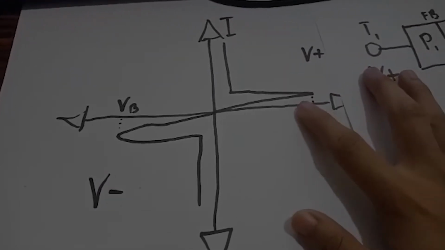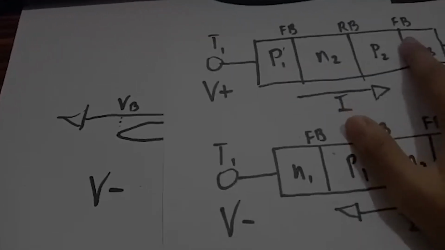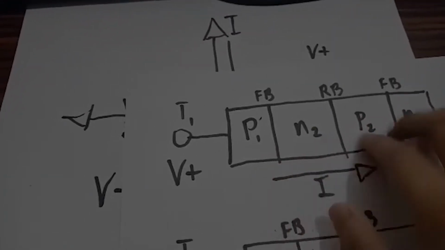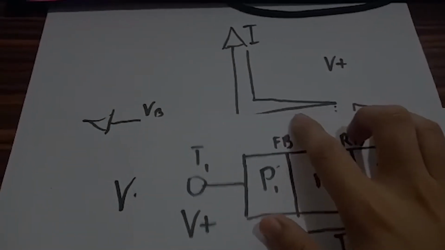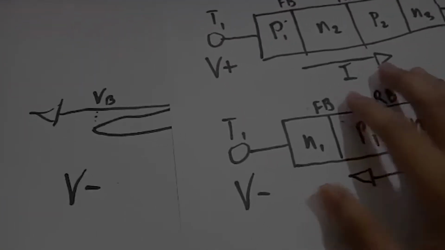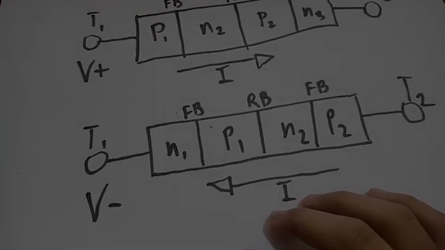The reverse bias junction is breakdown by a certain voltage, thus becoming forward bias. Then once it becomes forward biased, current will flow more, could be said, in the negative direction.